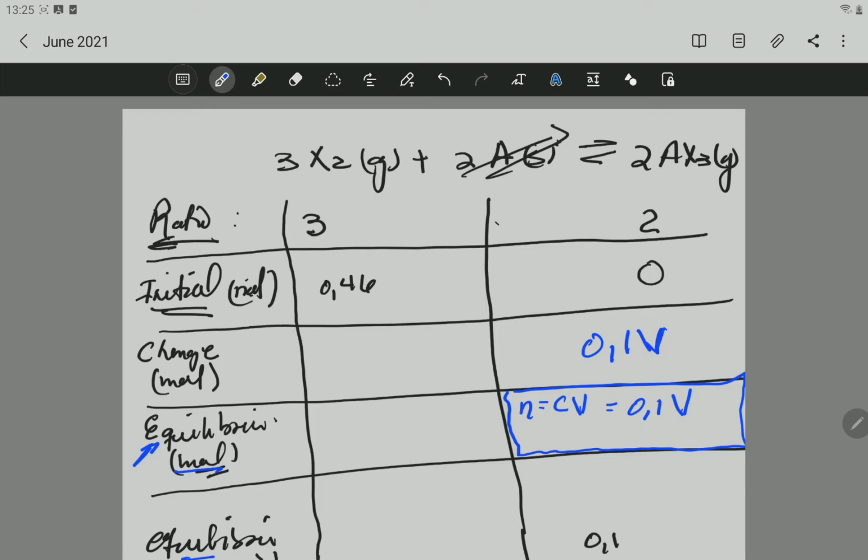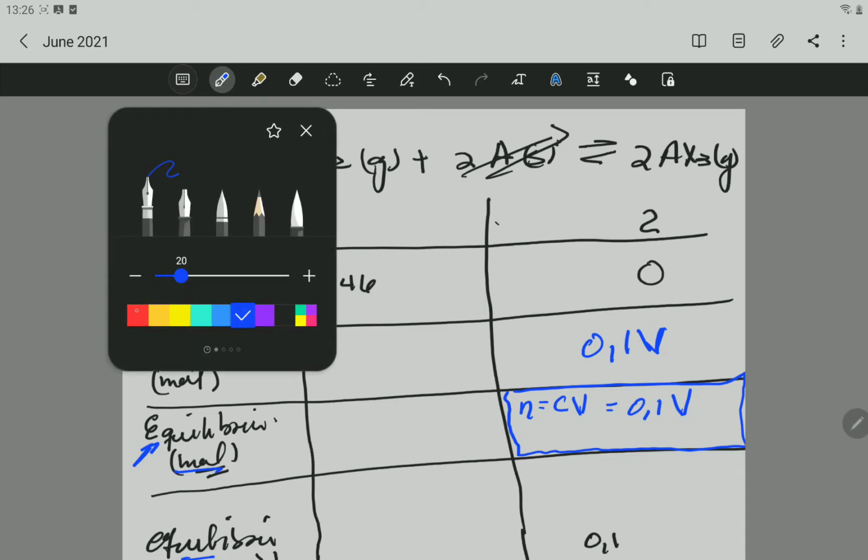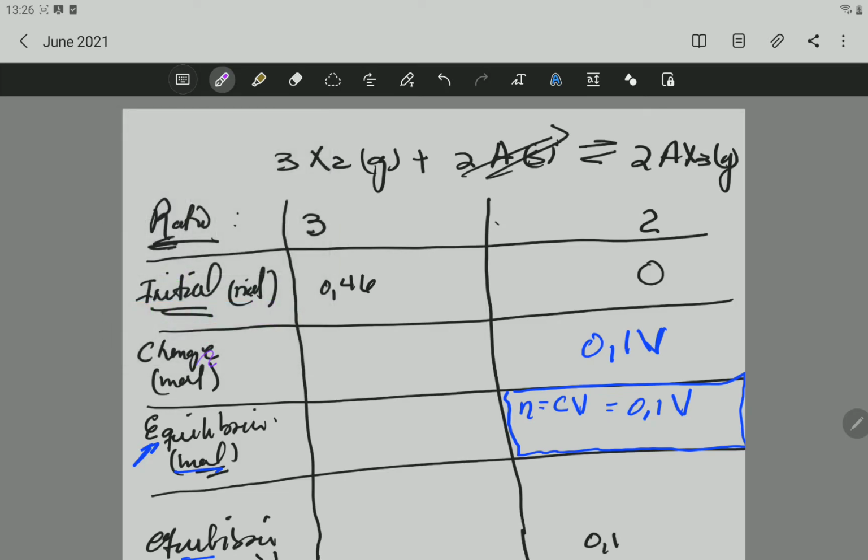Let's go again. You're starting with 0. You don't have any. At the end, you have 0,1 V. How much did it change? It changed 0,1 V. Now, something important here at the change is when you can use the ratio.